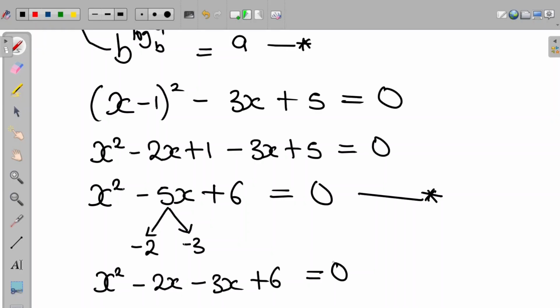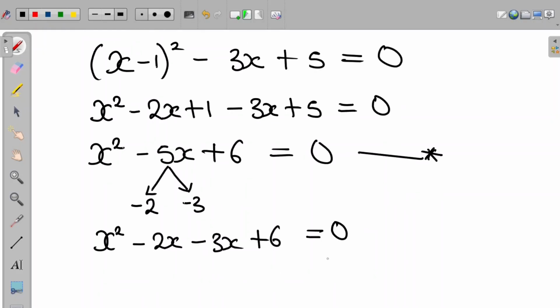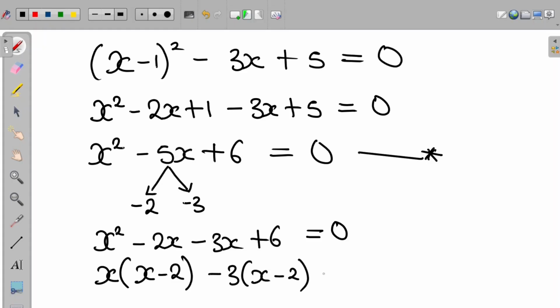So now we can simplify the equation. This becomes x open bracket x minus 2, minus 3 open bracket x minus 2 equal to 0.